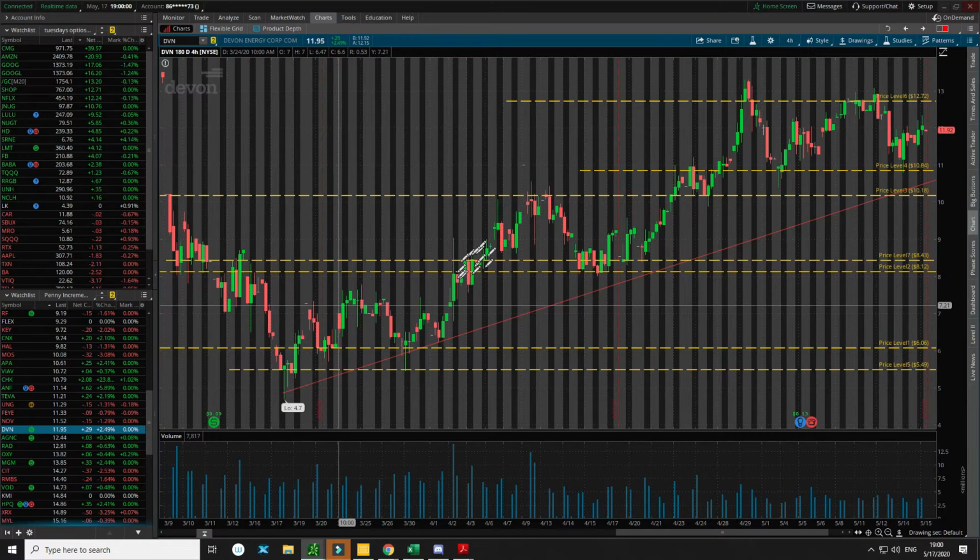It did push up, and it continued, and it had a pullback, which would have been these candles here. And it continued to trade within the support and resistance levels. That's why these support and resistance levels really do work, and you can capitalize and maximize your profits just off the base of this pattern here.